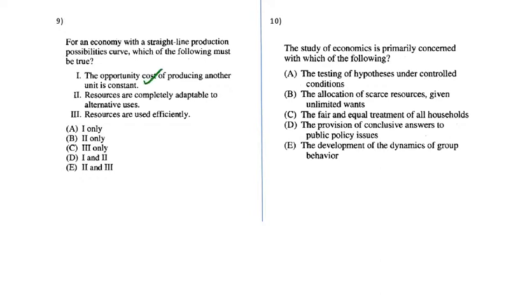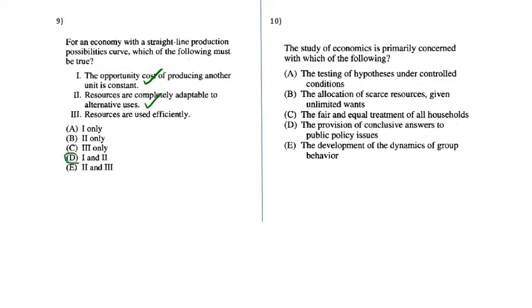It's because resources are completely adaptable to alternative uses. Some of our resources are not better at producing oranges than apples, and some of them are not better at producing apples than oranges. They're adaptable to either one. That's how you would get a straight line production possibilities curve, which is not as realistic as the bowed out one. 3 sounds tempting, but there's none that say 1, 2, and 3. Plus, you have to be on the curve to be efficient. It's not really explaining why the curve is straight. So 1 and 2, the answer is D.